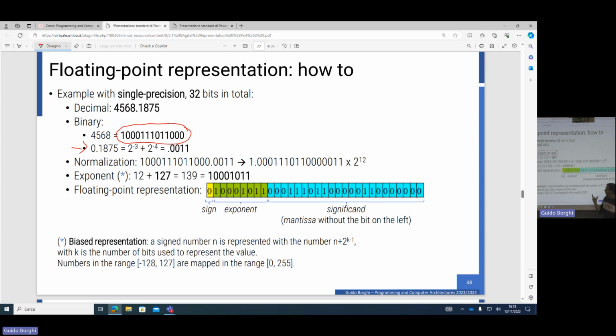The value of the shift is a number, in this case 127, that we obtain with the equation I showed you, 2 to k minus 1. In this case, we have 12, we add 127. The result is this one, and then you have to convert this decimal number into the binary representation.